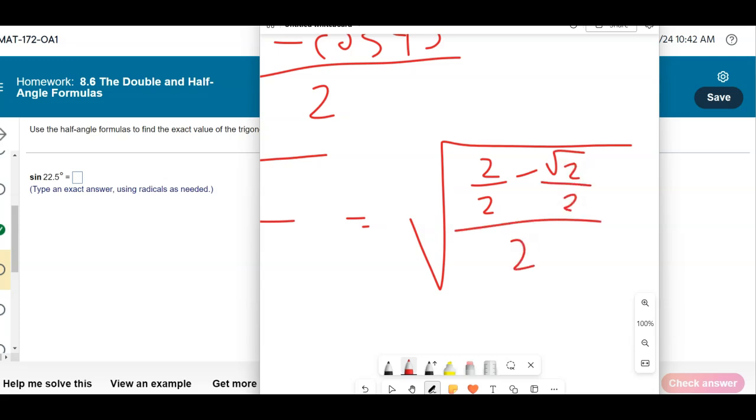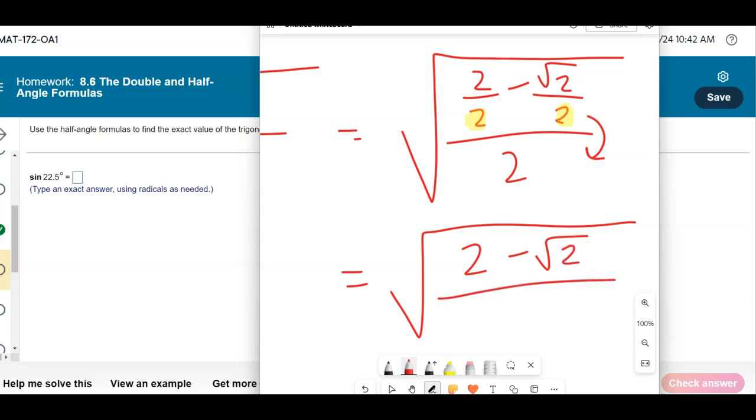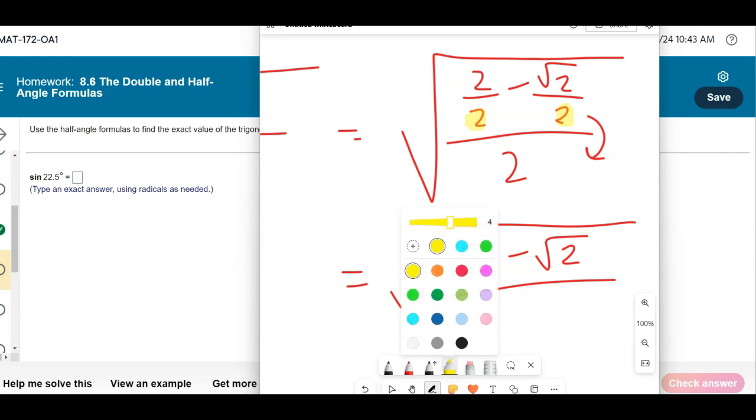All right, and then again, same thing we did last time. Common denominator now. So that's going to come down, multiply by the 2. Up top, we got a 2 minus the square root of 2. All right, the common denominator 2 divided by the 2 that's there.